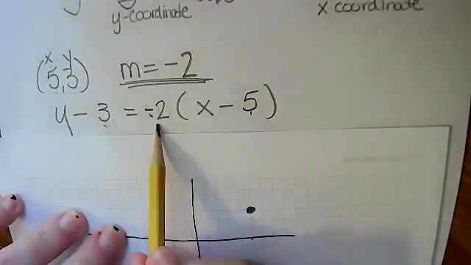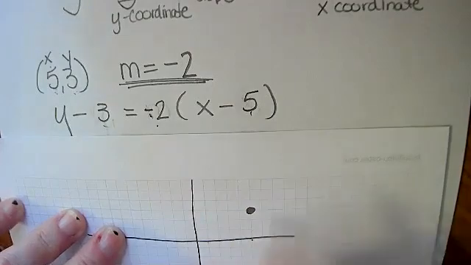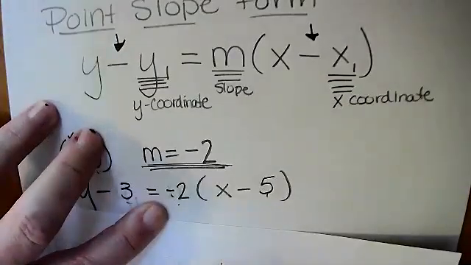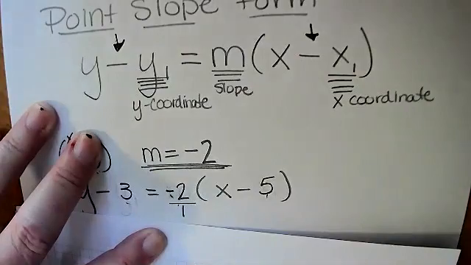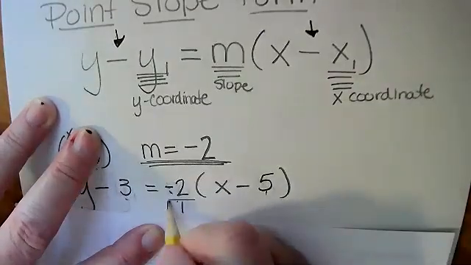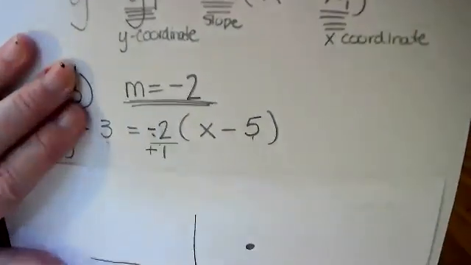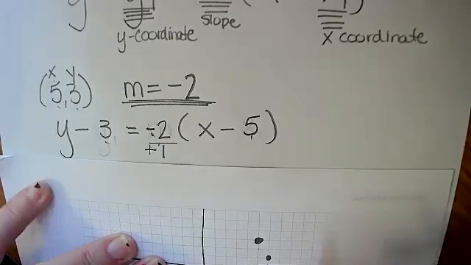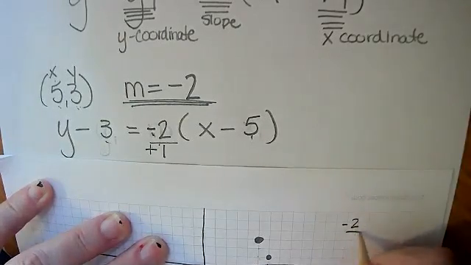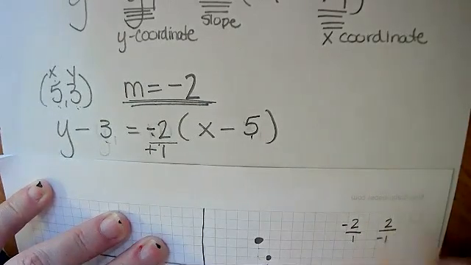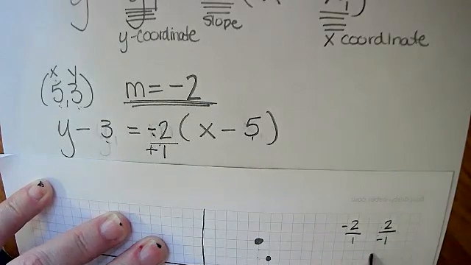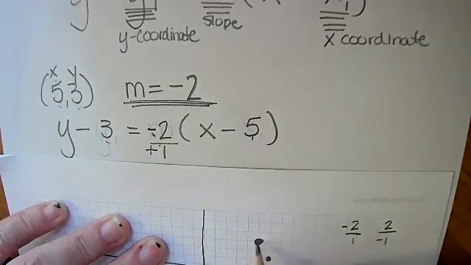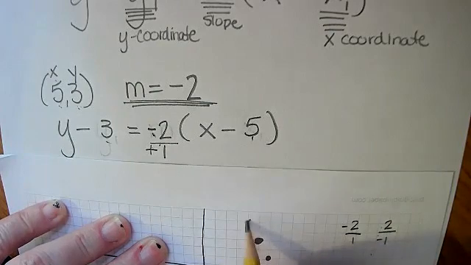Now I'm going to graph my slope. My slope, we already found it, is -2, but remember it's always rise over run. So it's -2 over +1. So all I'm going to do is go down 2, right 1, down 2, right 1, down 2, right 1. Or remember, I could also go, look, 2 divided by -1 is also -2, so I could go up 2, left 1.